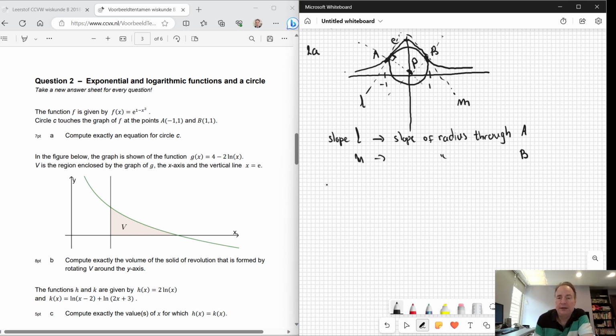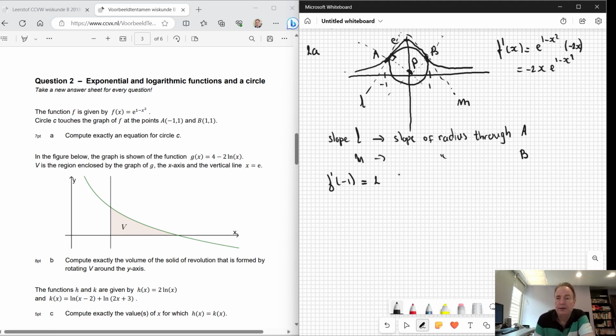So let's do that. What is f prime of x? We can use the chain rule, that is e to the power 1 minus x squared times minus 2x. So it's minus 2x e to the power 1 minus x squared. Then f prime at minus 1 is then simply 2.